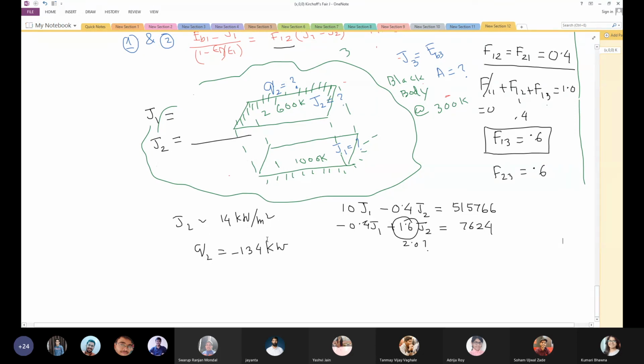I'll just wait for 5 values of Q2. If you have done, just quickly put it in the chat box. Minus 67 kilowatt. Someone is getting minus 67. A lot of people are getting 67. Some 94.